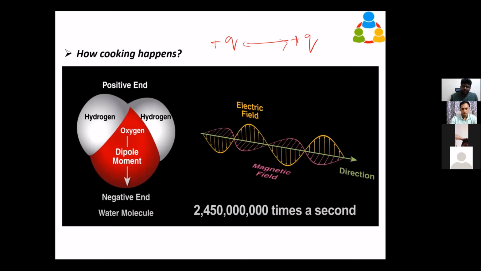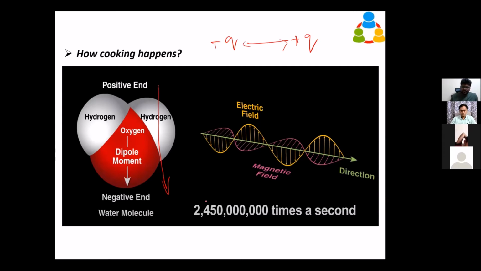Since the water molecule is polarized and has a dipole moment, and we also have an electric field in our microwave, obviously it is going to interact. When there are changes in the electric field in our microwave, the water molecule is going to react.